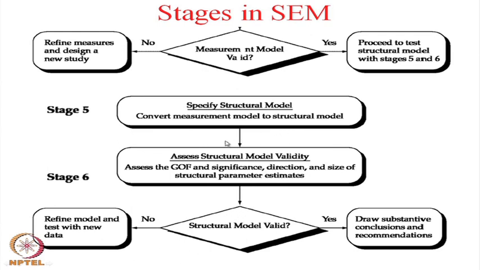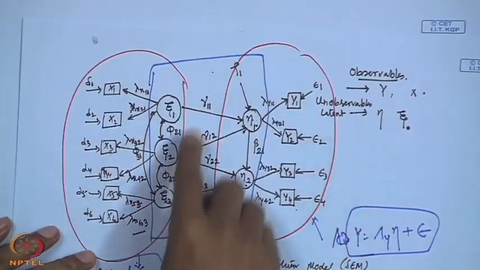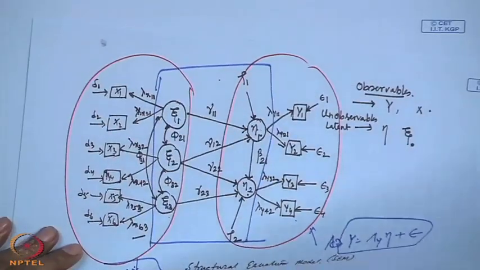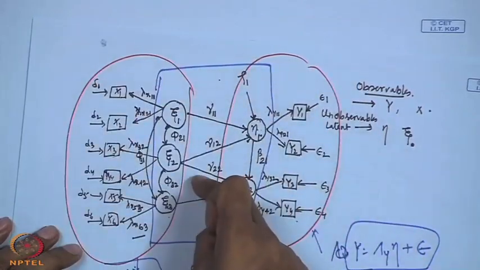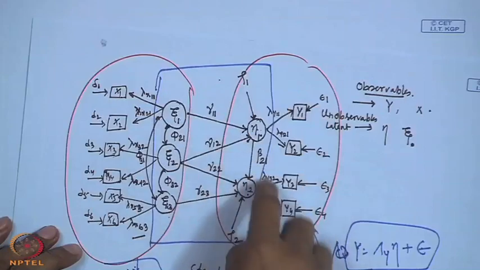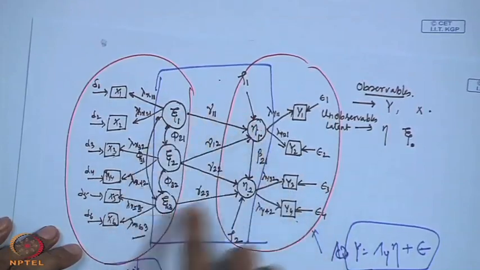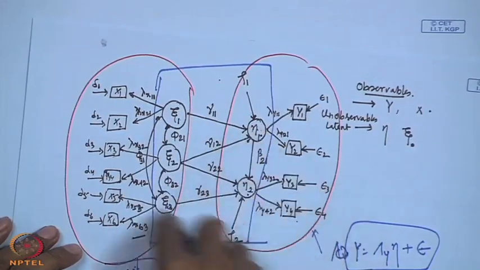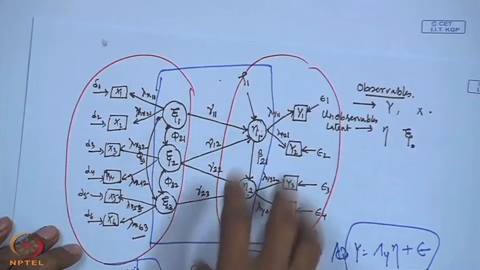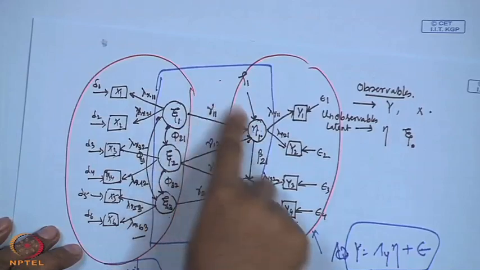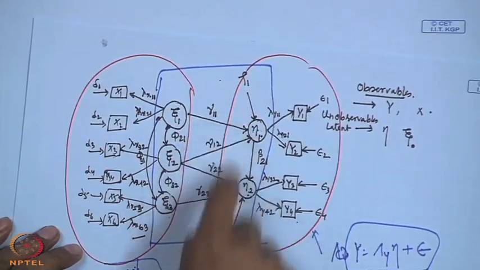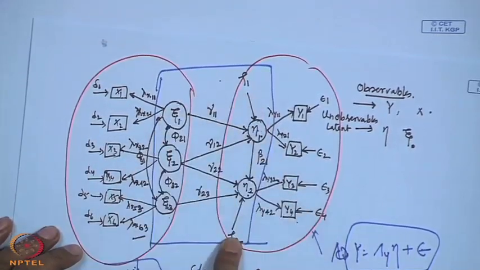This structural model is the part in between, this one you will do, and you will estimate all those things. So, ultimately you first prepare the measurement model, then from the measurement model you get the covariance or correlation matrix for the latent variables. Using this correlation or covariance matrix, you will estimate the regression coefficients for this structural model.